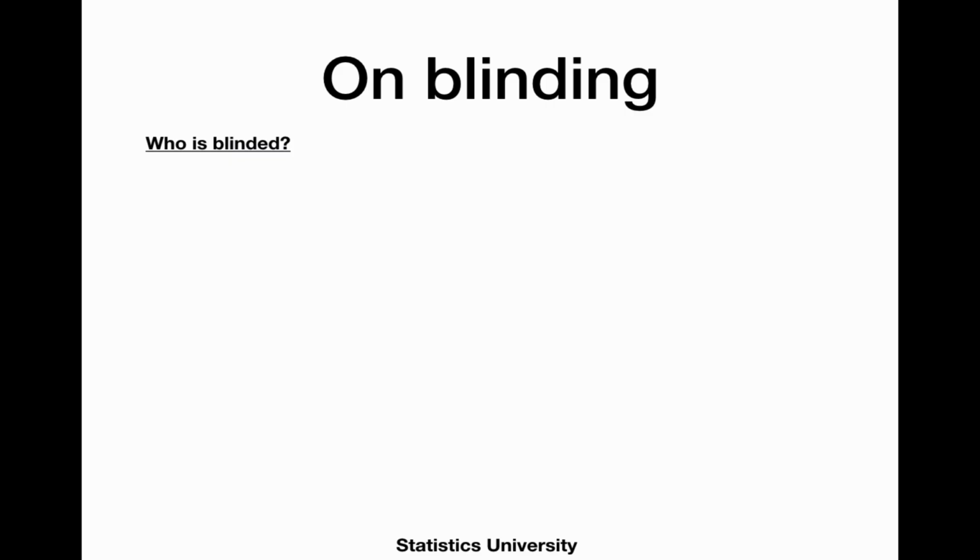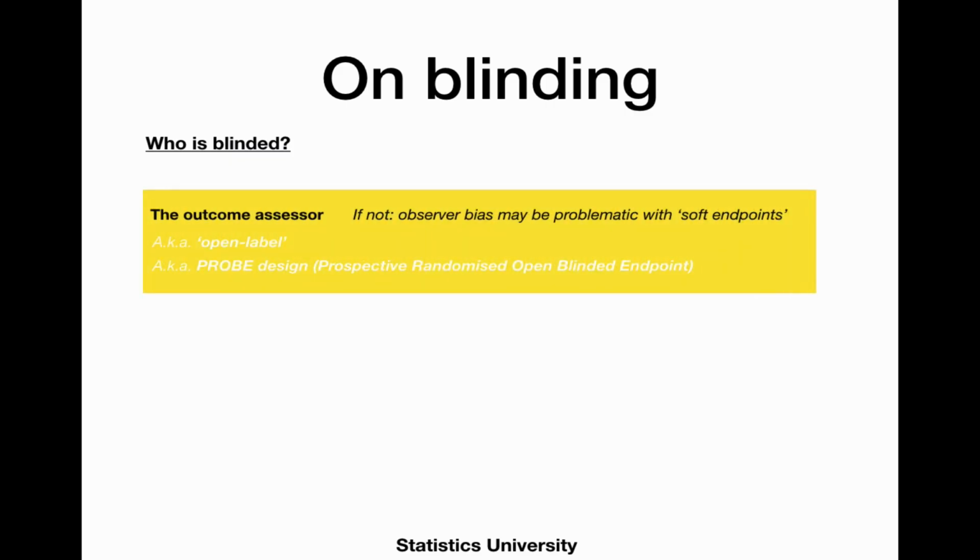So, who is blinded in studies? Well, the outcome assessor should always be blinded if possible. And if it's only the outcome assessor, you may call this an open label design, and more specifically a PROBE design, a prospective randomized open blinded endpoint design.